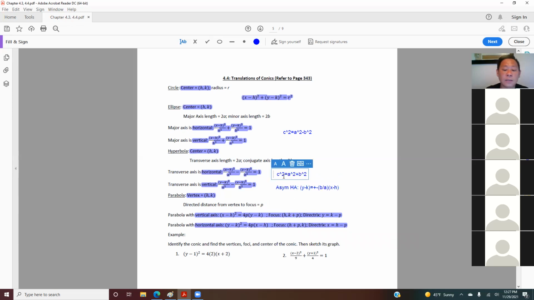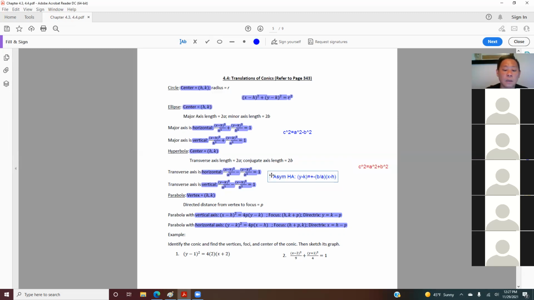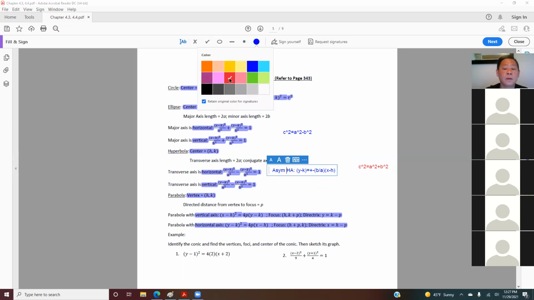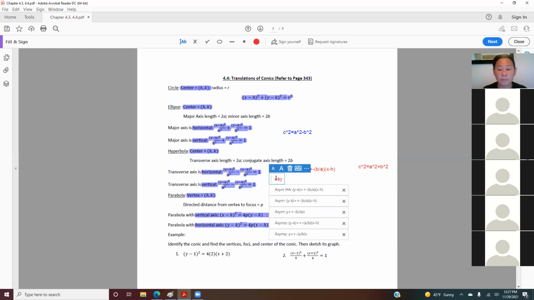Let me move this somewhere so you guys can see. This is for the ellipse. I'll put in a different color for it so you can see. And then for the vertical one, it is exactly the same as this one, but we just switch your b over a to become a over b.